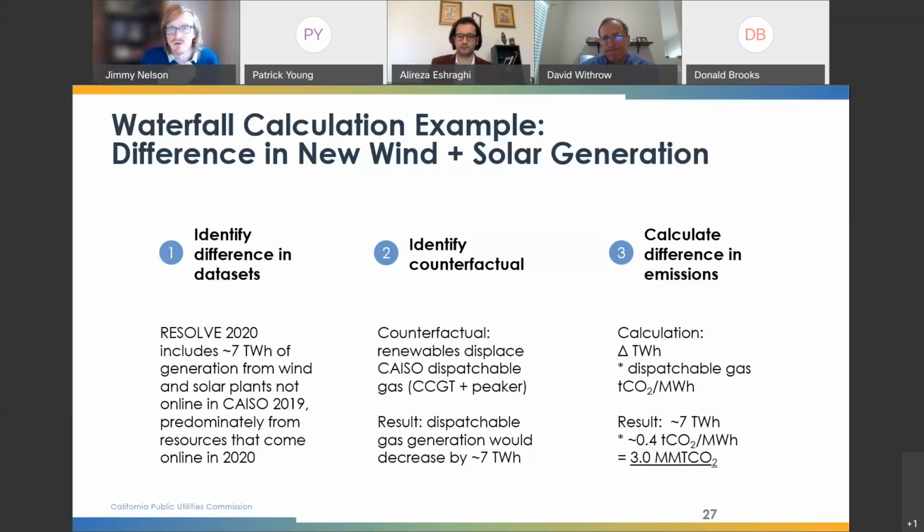We turn down a ratio of combined cycles and peakers, roughly 90% combined cycles and 10% peaker, to reflect the fact that sometimes combined cycles are on the margin, sometimes peakers are. And on the right-hand most panel, you can see that you multiply the difference in generation by the difference in emission factor, and you get that the 7 terawatt hours of generation turns out to be about 3 million metric tons of emissions. Next slide.